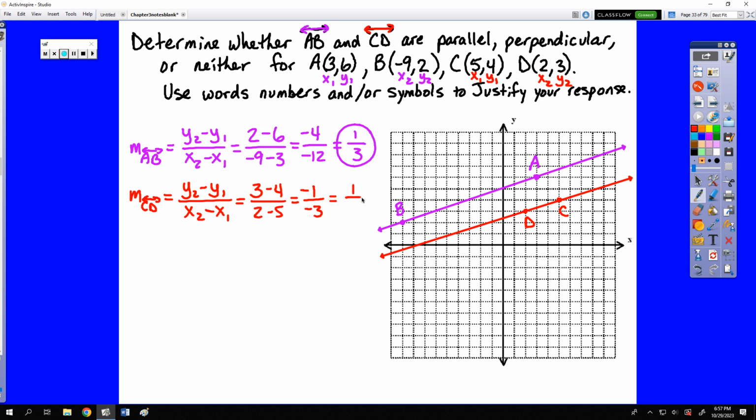Only thing we can do to that is that a negative divided by a negative is a positive. Now we should immediately notice that the slope of line AB is equal to the slope of line CD. What that means is that line AB is parallel to line CD. This confirms what we already saw on the graph.